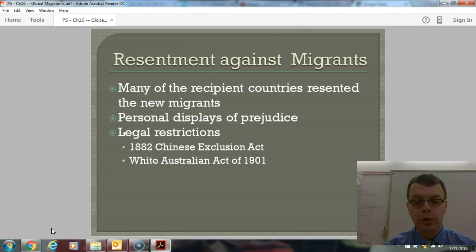And always with migration, there's resentment against the migrants or the people who come in. Many of the recipient countries resented the new migrants. There's personal displays of prejudice that happen. Two of the big ones we'll be talking about is the 1882 Chinese Exclusion Act, which happened in the United States, where they wanted to bar Chinese from coming in.